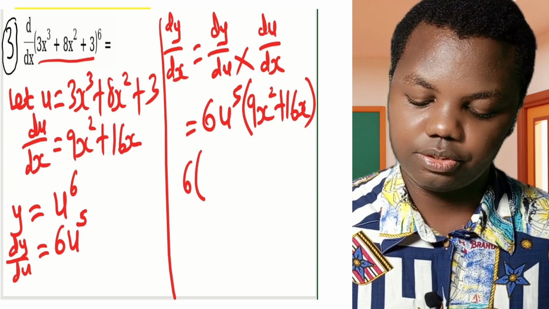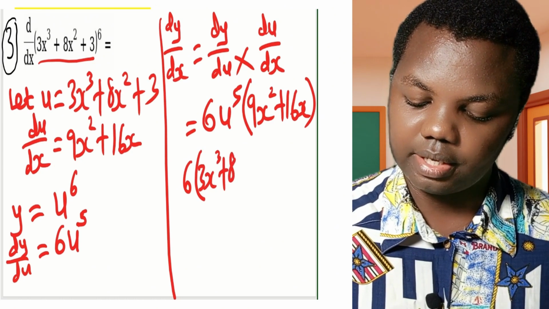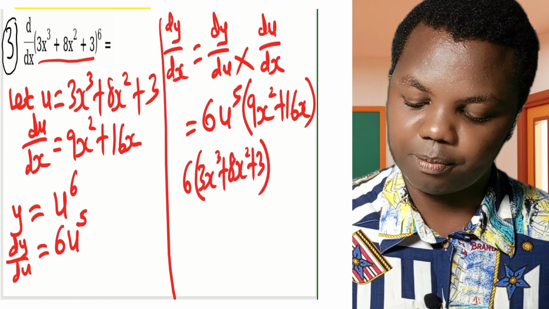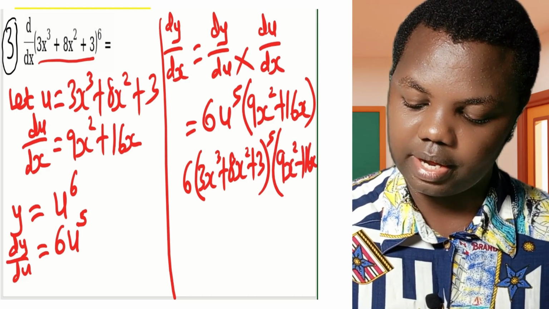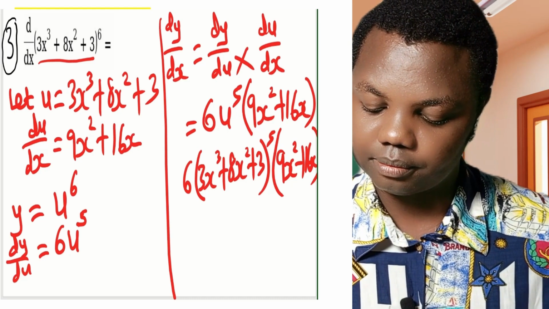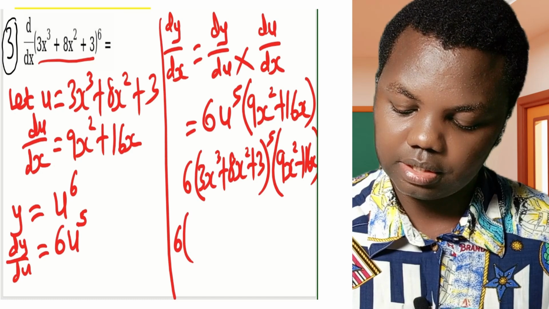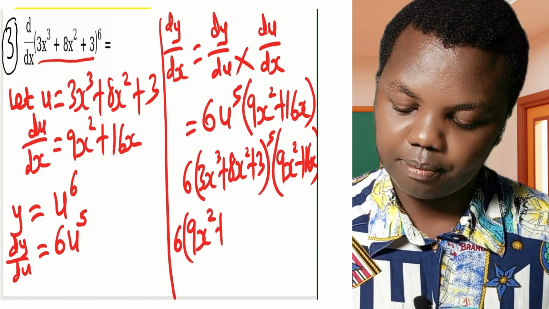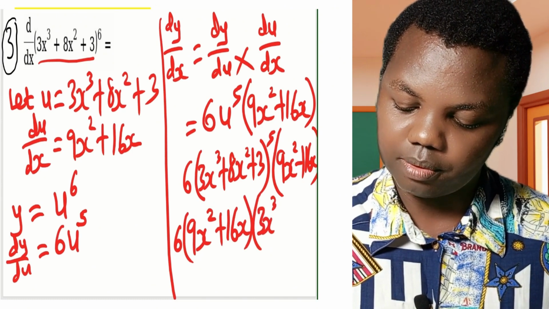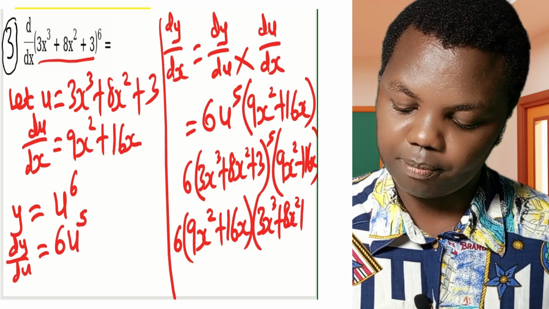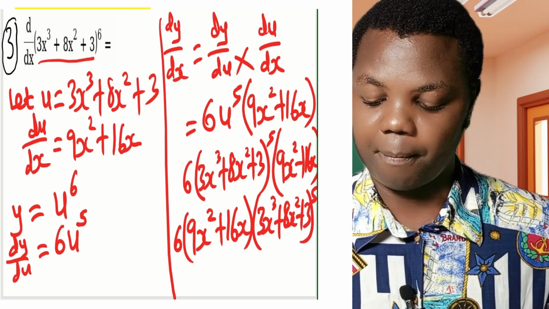Here is 6 times 3x cubed plus 8x squared plus 3 to the power of 5, times 9x squared plus 16x. So my final answer, I can rearrange. It's 9x squared plus 16x times 3x cubed plus 8x squared plus 3, everything to the power of 5. So I'll leave my answer that way.